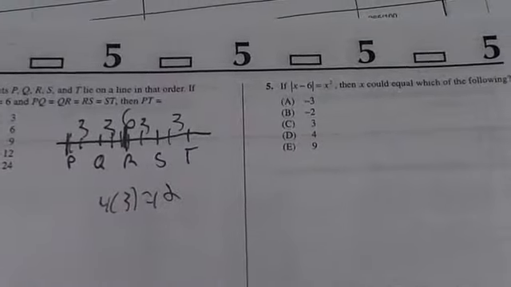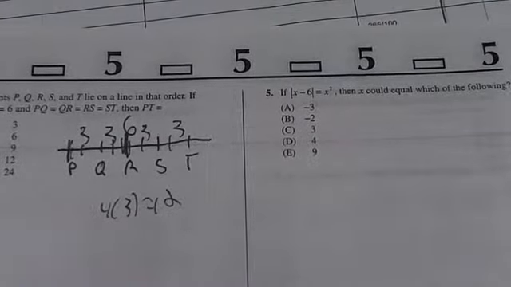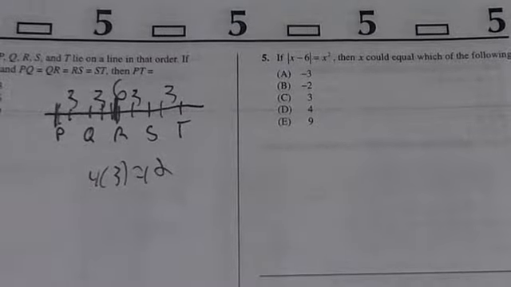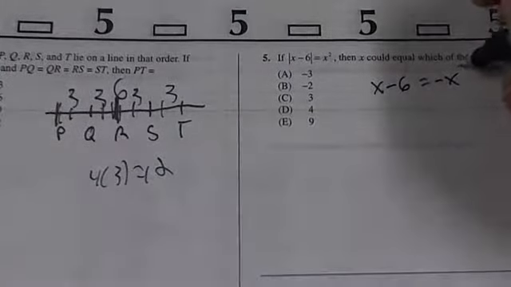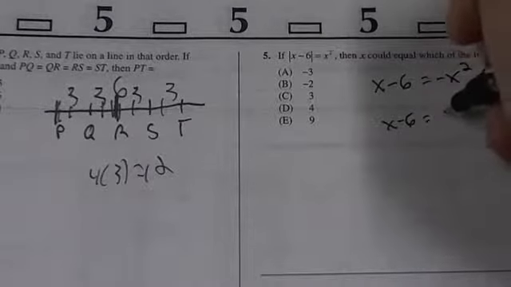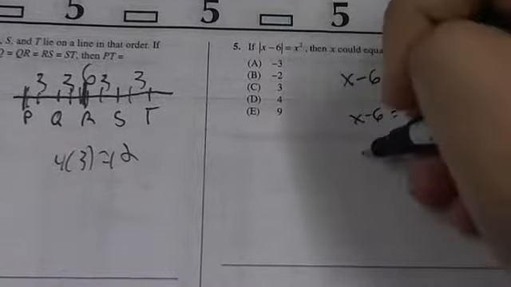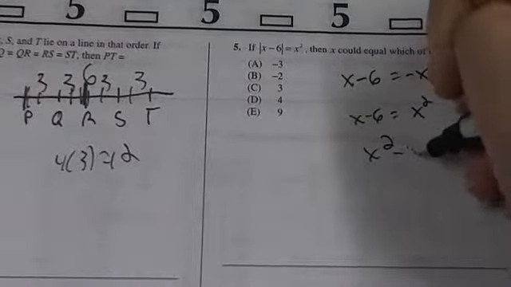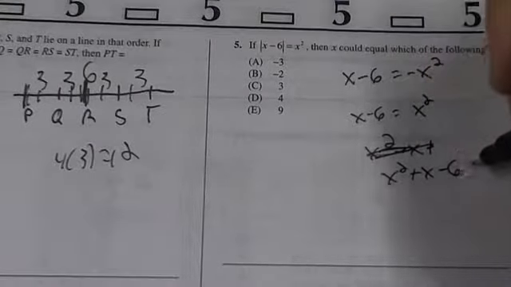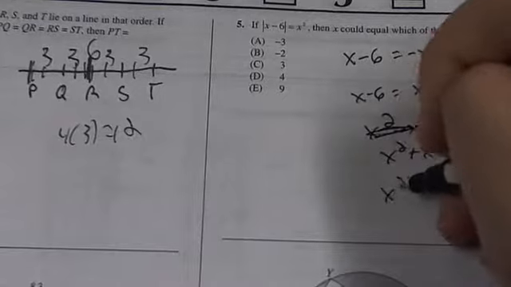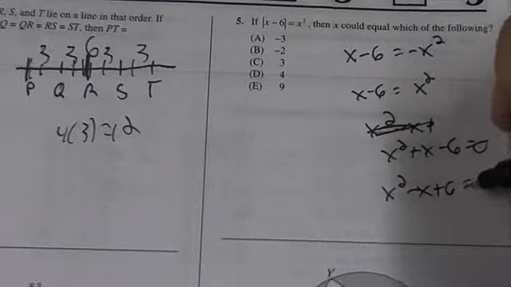Number 5. If the absolute value of x minus 6 is equal to x squared, then x could equal which of the following? You can do this the algebra way, which is going to be kind of long. Remember, absolute value gives the negative and the positive of each. Then you have to do your algebra. Move this to the other side. You're left with negative x squared plus x minus 6 is equal to 0, and the other one, x squared minus x plus 6 is equal to 0.